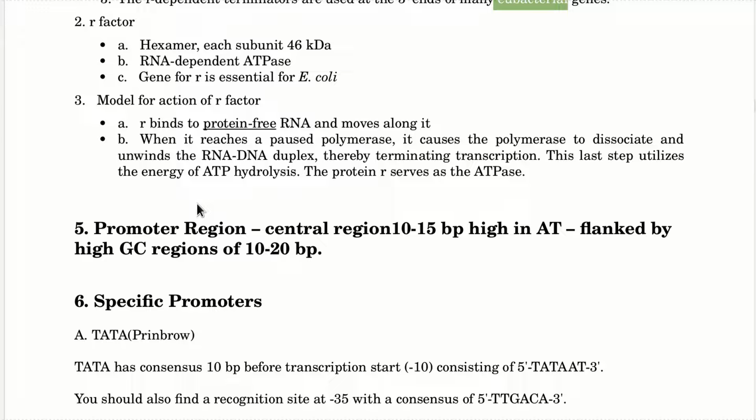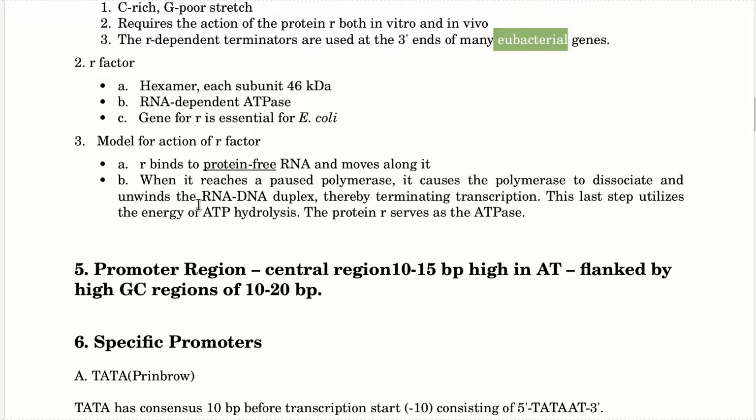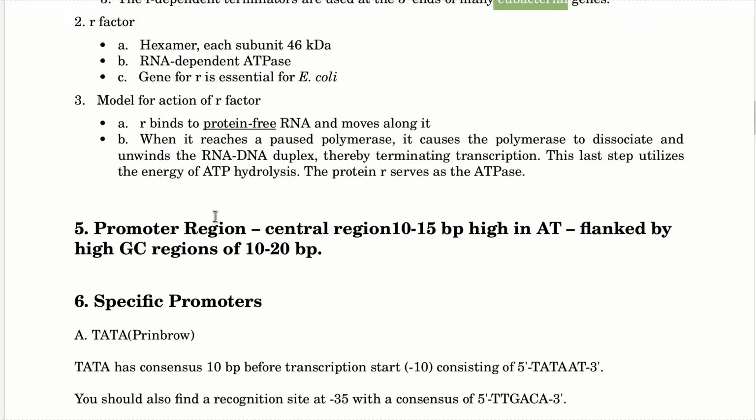And just read it. We know about it now. It's not important for us because it's not sequence based. It just binds to free RNA. And if there's nothing going on there, it's going to stick to it, and it might cause termination.